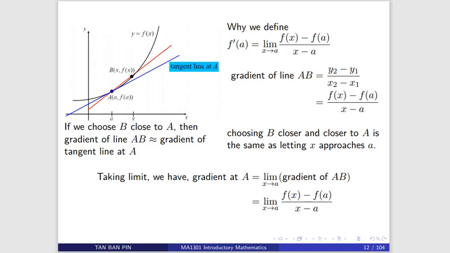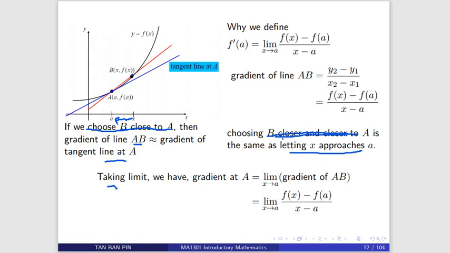You can choose point B closer and closer to A. If you choose point B closer and closer to A, then you'll find that the red line will get more and more parallel to the tangent line at A. So the gradient of the line AB will be getting nearer and nearer to the gradient of the tangent at A. To choose B closer and closer to A is the same as choosing x nearer and nearer to A, which means letting x approach a.